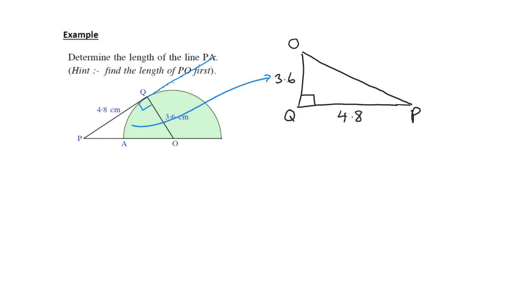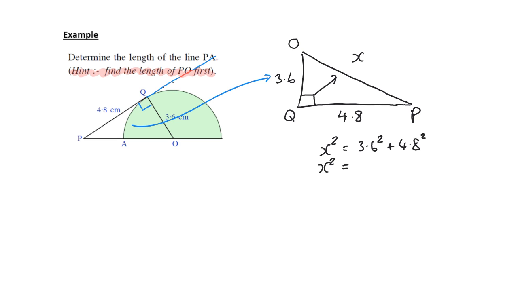So that means we can now calculate x, not x squared, which is the longest side. It did say, as a little hint in the question, find the length of PO first. So x squared equals 3.6 squared plus 4.8 squared.